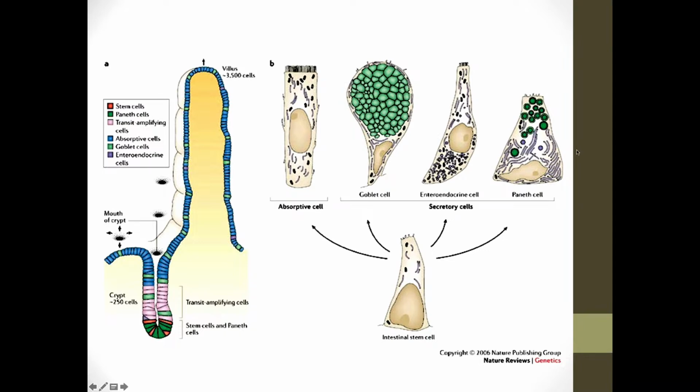Typical to the secretory cells are numerous parts of the rough endoplasmic reticulum. Yes, because they are producing protein. And the stem cells.